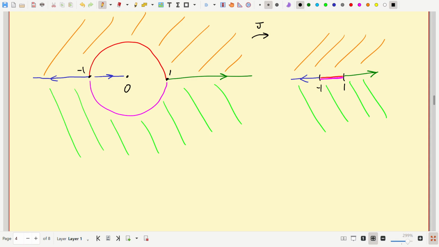And similarly, the green line going into 0 would get mapped to the green line going out to infinity, one-to-one onto, in fact. And funny thing, you can analyze the map on this picture too, and the top half of the disk gets mapped to the lower half plane, one-to-one and onto. So that's a famous map.